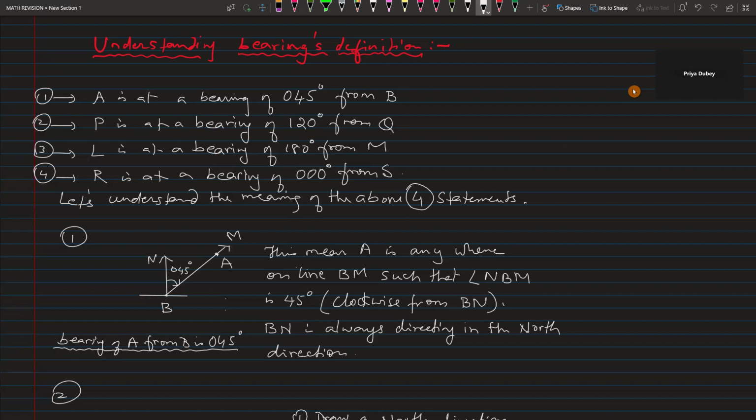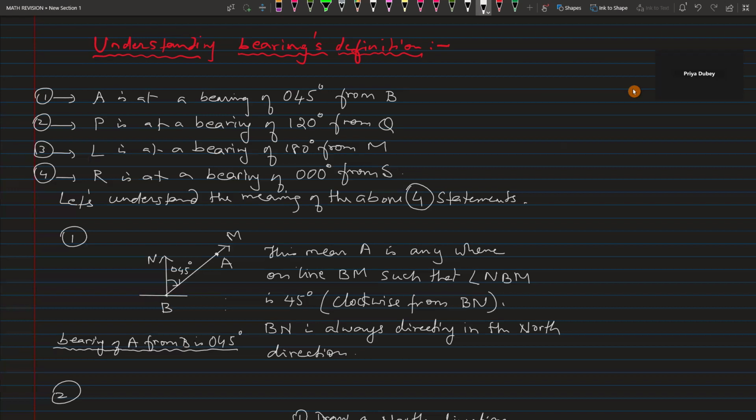Now, the first statement is A is at a bearing of 045 from B. One thing let me make clear. All the bearings, the degrees I have written, are in 3 digits. Even though it is 45 degrees, I have written 045. For 120, I have written 120 degrees. For 180, I have written 180 degrees. And for 0 degrees, I have written 000. So this is very important.